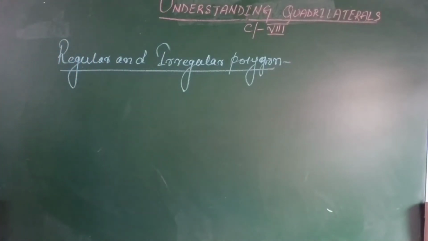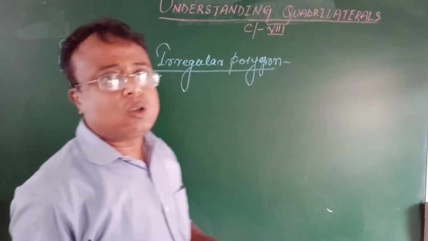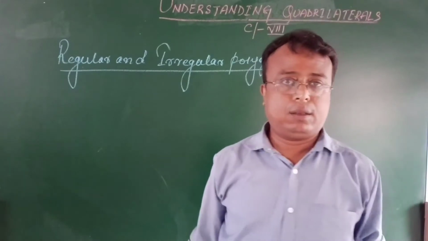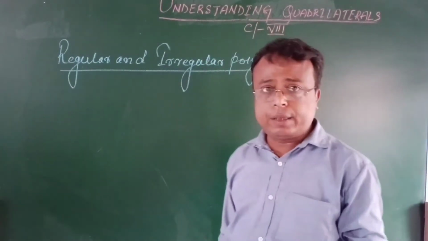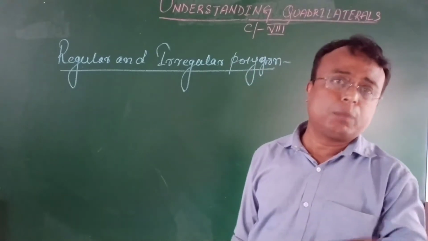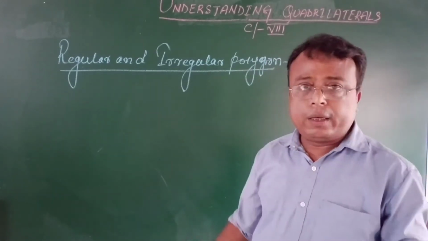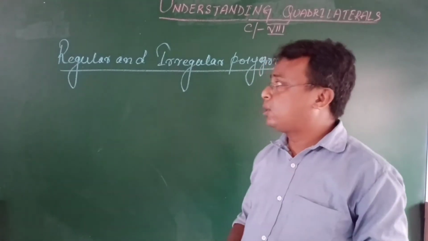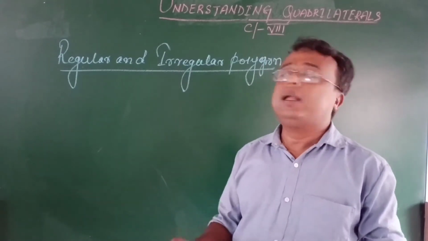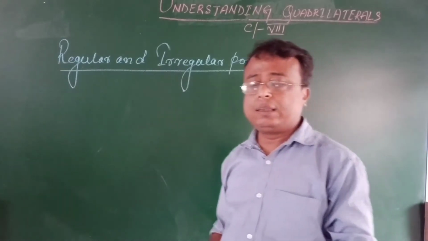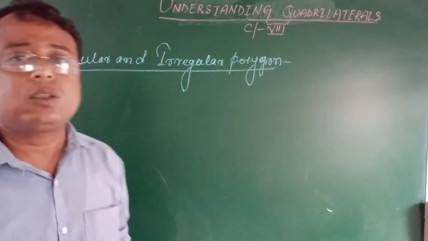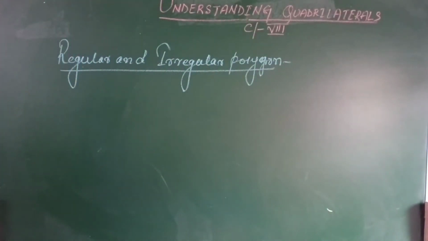Regular polygons means if all the sides of a polygon are equal. The polygon may be of different types: triangle, quadrilateral, pentagon, hexagon, decagon. If all the sides of that polygon are equal, then it is called a regular polygon. And if all the sides are not equal, then it is called an irregular polygon.